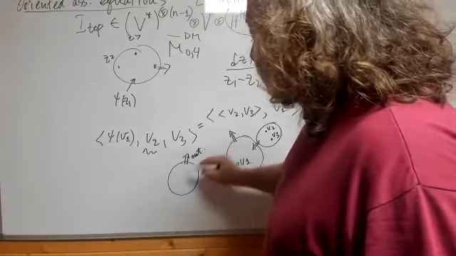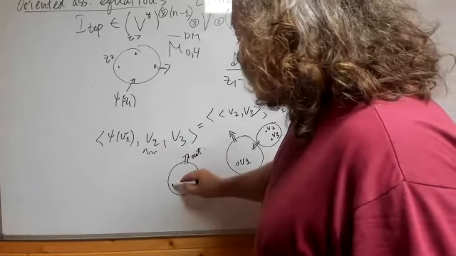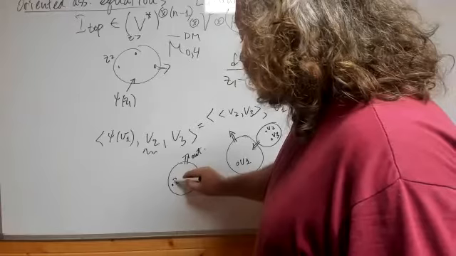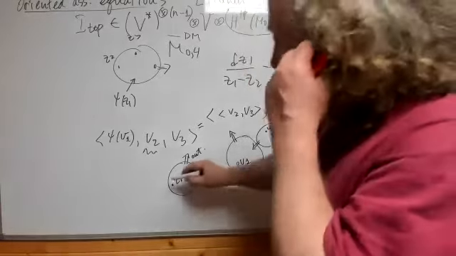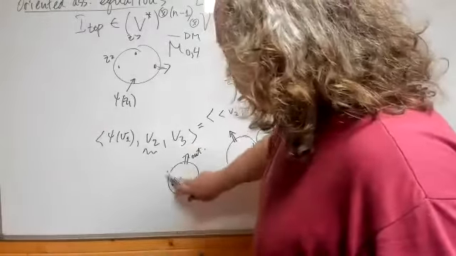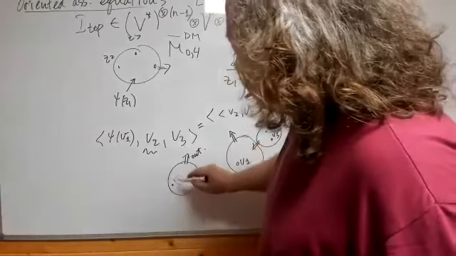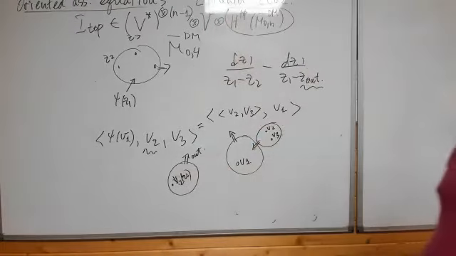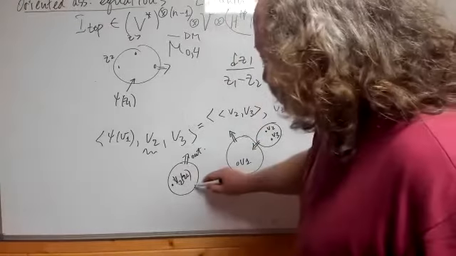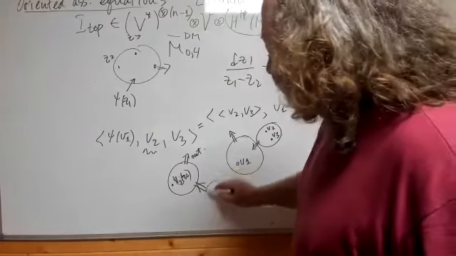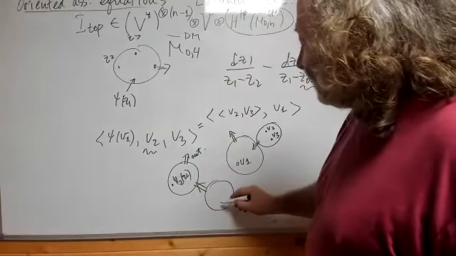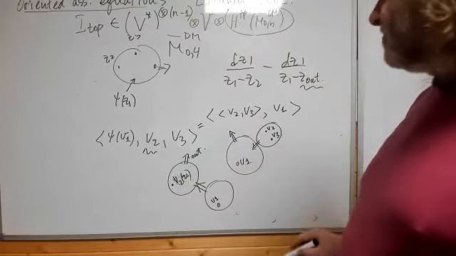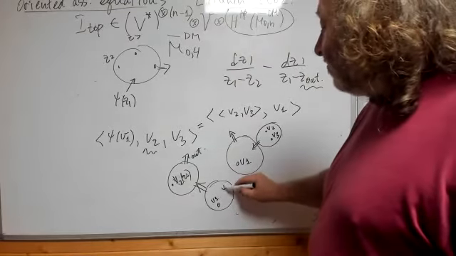Here is the output. Here is the point Z2. I will write it as V2 at Z2. And here I'll have what was left, V1 and V3.